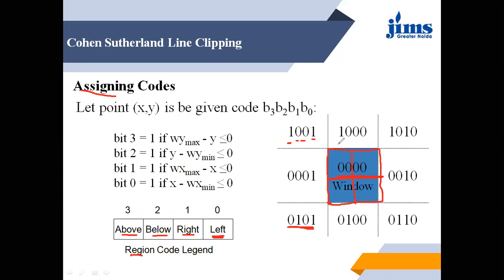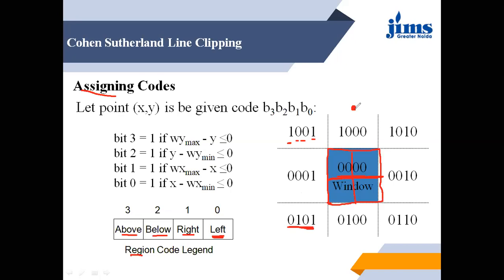If we want to find the code of this region, we have to check whether it is above the window, left of the window, below the window, or right of the window.